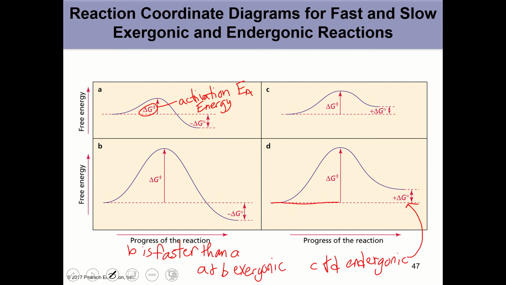So, energy of reactant to the max. The difference between these values is the transition state energy.